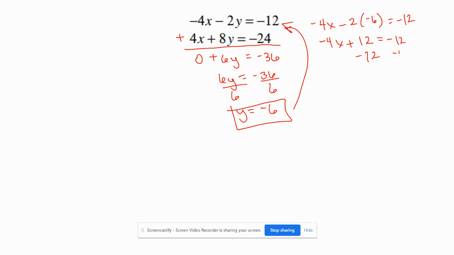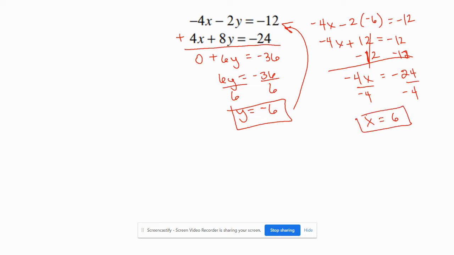Subtract 12 from both sides, noticing that I have to subtract because this is positive. This will cancel, and I will have negative 4x equals negative 24. Divide by negative 4, and you will get x equals 6.